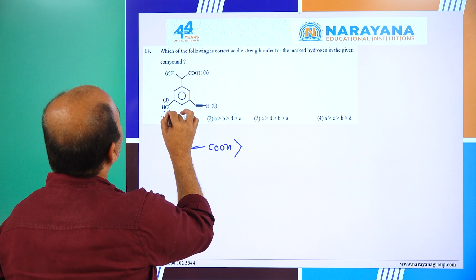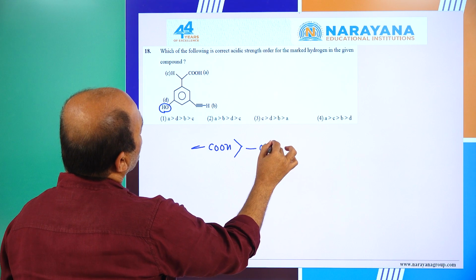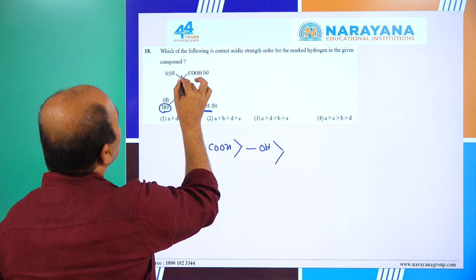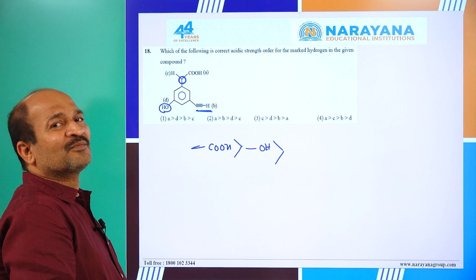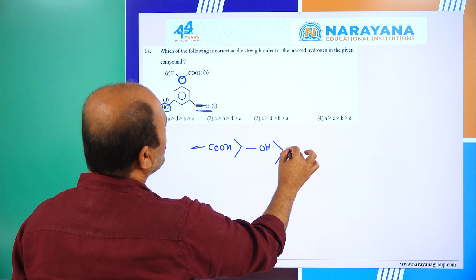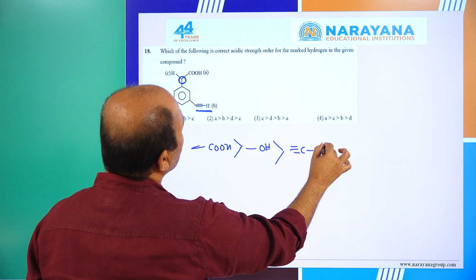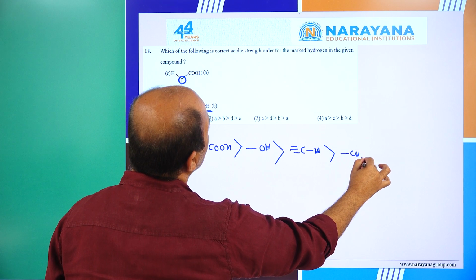After that, phenols are stronger acids, OH. After that, the triple bonded carbon. Triple bonded carbons are more acidic than single bonded carbons. So the C triple bond CH hydrogen is more acidic, and then the CH2 hydrogen.